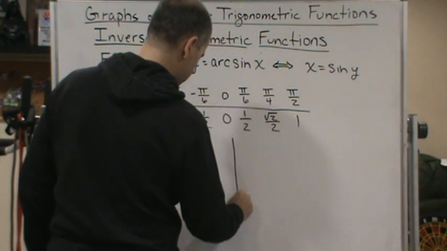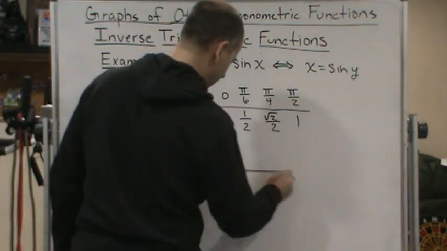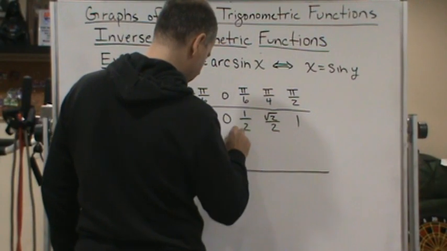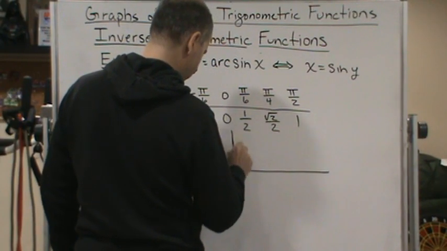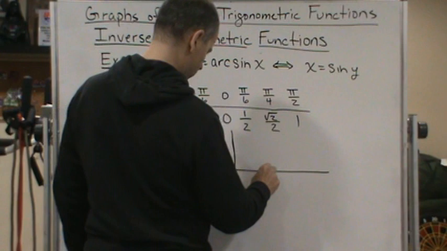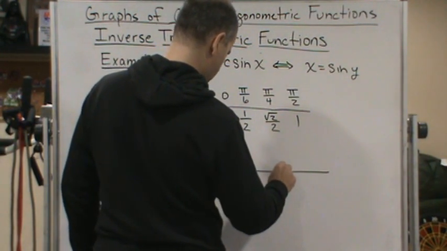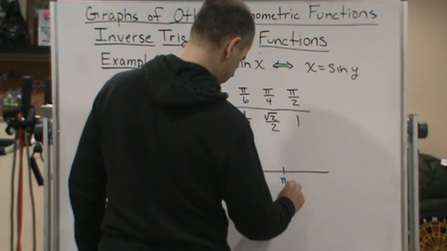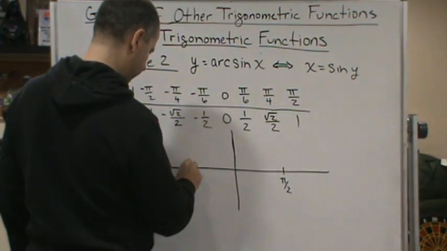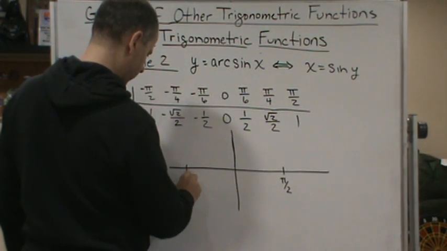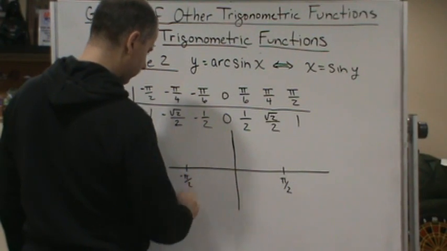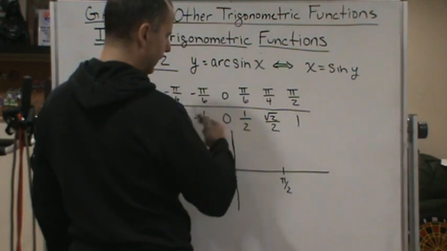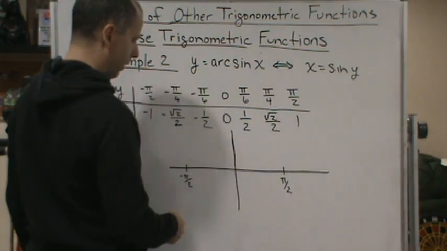So what you would do is, on the number line, I would just plot pi over 2, negative pi over 2, because obviously these are not equal distant, right?